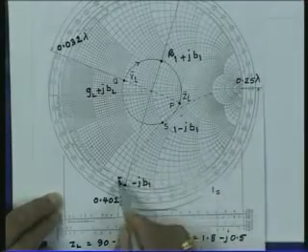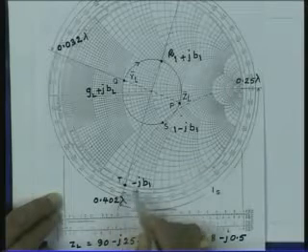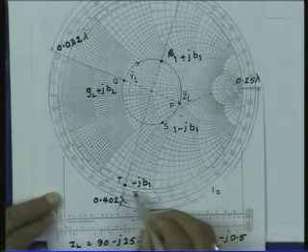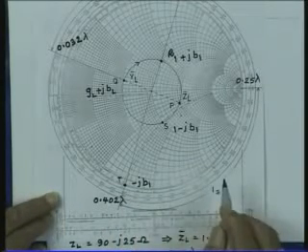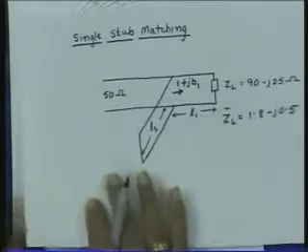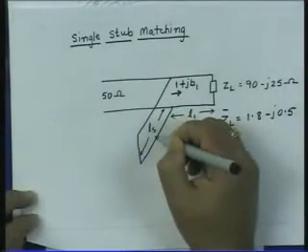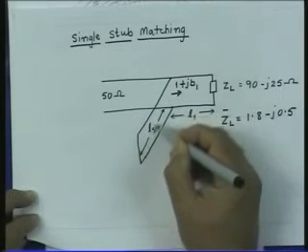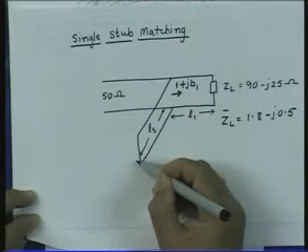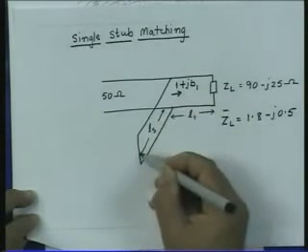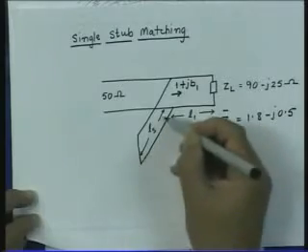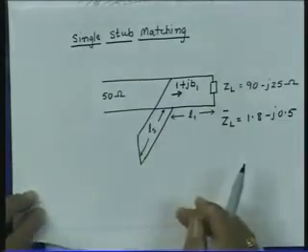So, this point here, T, represents pure susceptance of a value minus jB1. Now, if I want to have a susceptance seen here of minus jB1, from that susceptance I go away from the generator till I reach the short circuit point, and that gives me the length of the stub.